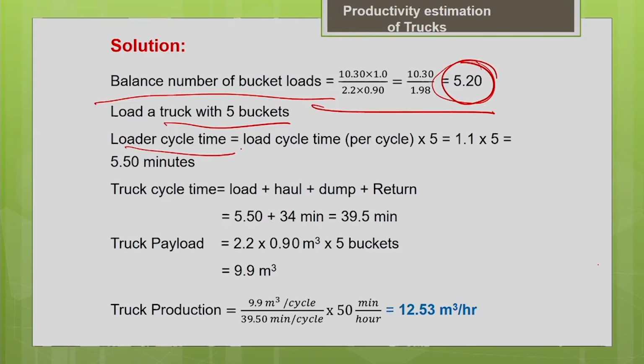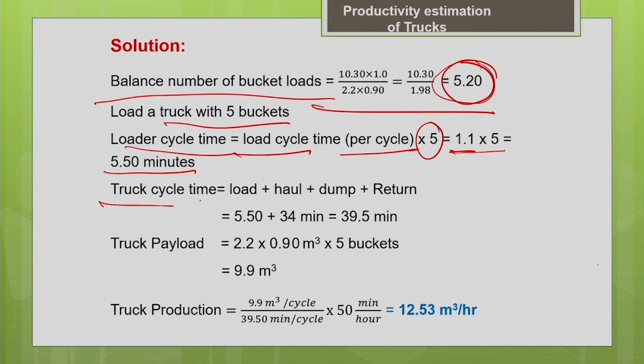Okay. Now how to find the loader cycle time to fill the truck? It depends upon the number of the bucket loads, that is 5 multiplied by the cycle time of the bucket per cycle. It is given as 1.1. So 1.1 into 5 gives you 5.5 minutes as the loader cycle time to fill the truck, okay, to load the truck.